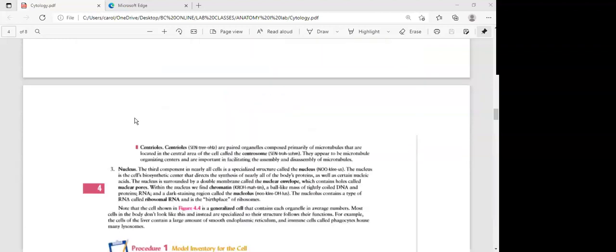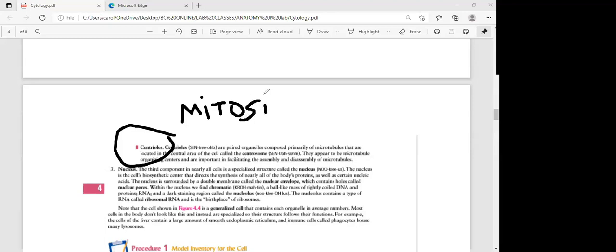So we scroll down right here. We have a couple of other organelles. Centrioles. Centrioles are going to work when the cell is dividing. So the centrioles work only during cell division, for example, during mitosis. What is the job of the centrioles? To make sure that the cell divides in half, in the middle, especially the chromosomes.